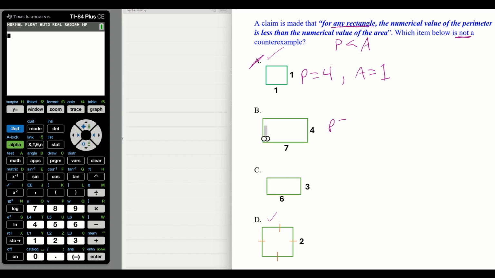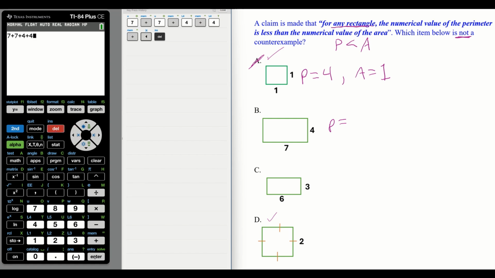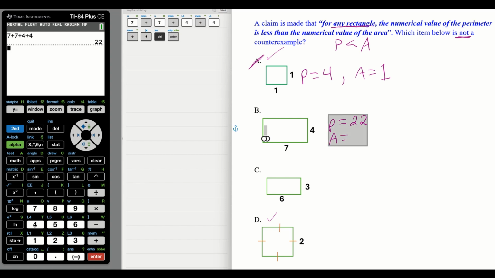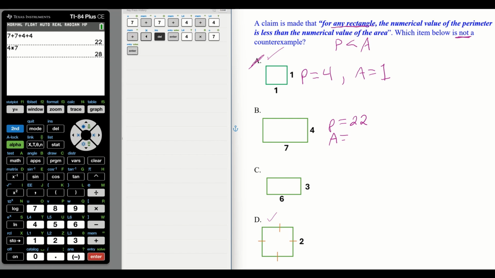This one: let's just put that in the calculator. 7 plus 7 plus 4 plus 4. I'm just doing them one at a time. That's 22, so P equals 22. Then A equals 4 times 7, which is 28. Notice I'm not trying to do all this in my head.